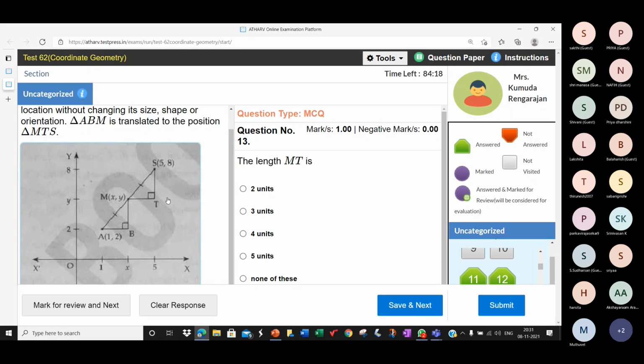We know the coordinates of M. The coordinates of T will be given by 5, 5. This is 5, right? Y is 5 here. So 5, 5. Just a minute, children.